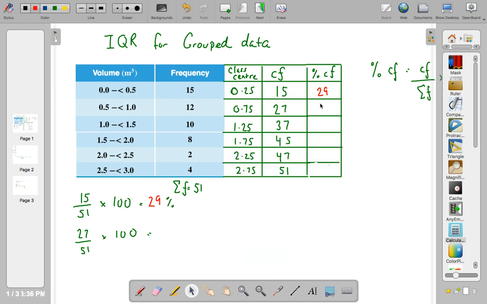Okay, so 53% goes in for the next one. Okay, next one would be 37 divided by 51 times 100.